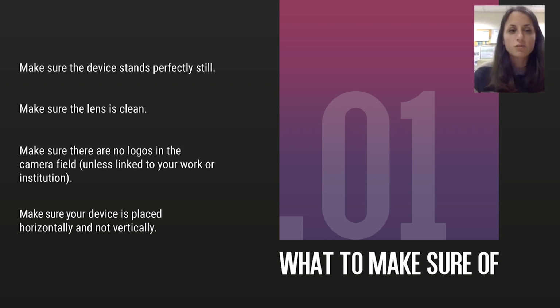Of course, you may say the lens needs to be clean, but if you don't check it, then you will need to record the video again if you see after the recording that, for example, the video has some dirt on it. So make sure that the lens is clean and the device stands perfectly still.